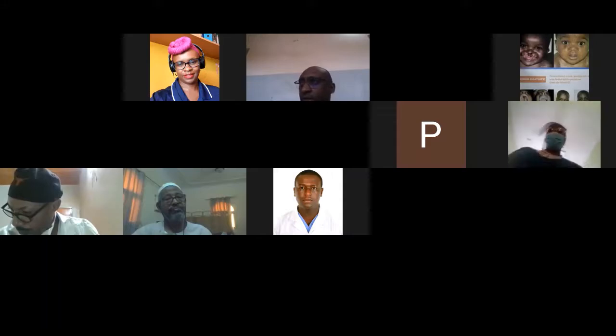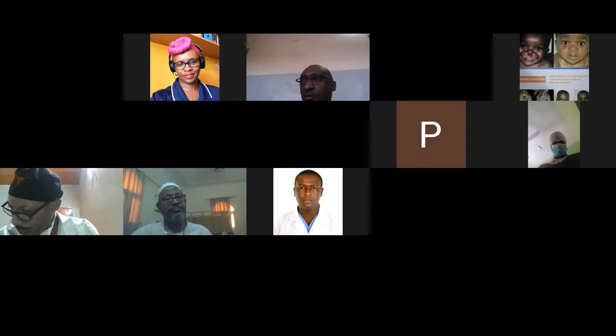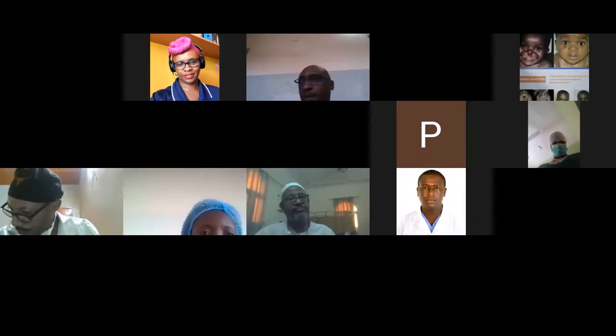So, cleft surgery. We know that the majority of our cleft patients are children because this is a congenital abnormality, so the bulk of our patients will be pediatric patients.